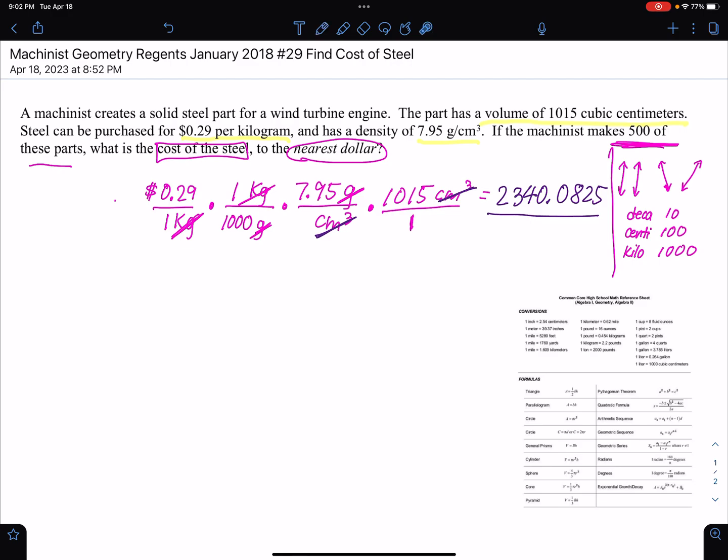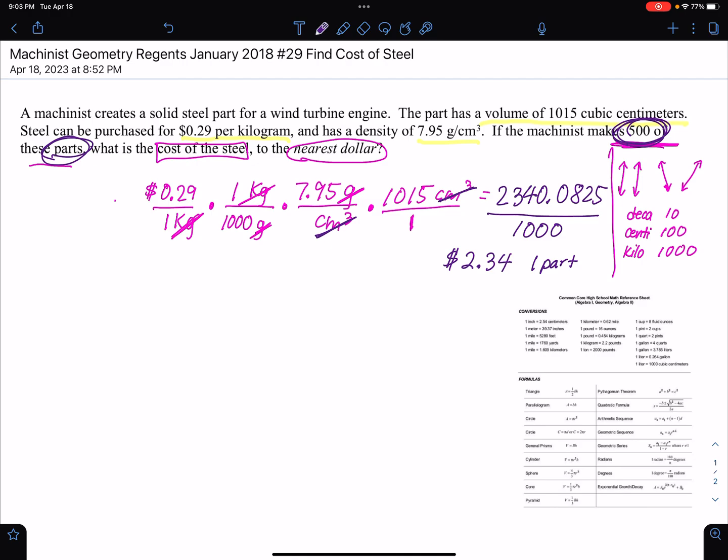Now on the bottom we have 1 times 1,000 times 1, which is 1,000. Now we're going to divide the top number by the bottom number, and so we get 2.34, which means it costs $2.34 for one part. Now the question tells us that we need to make 500 of these parts.